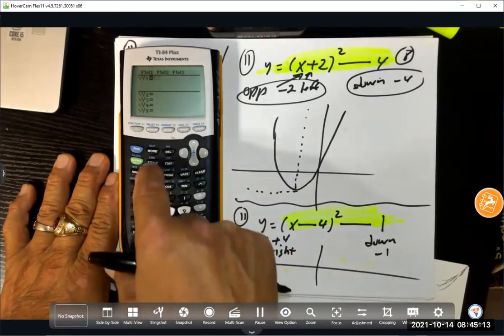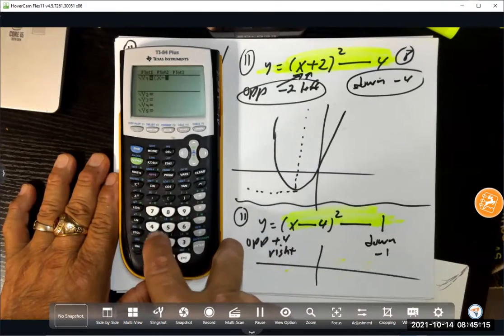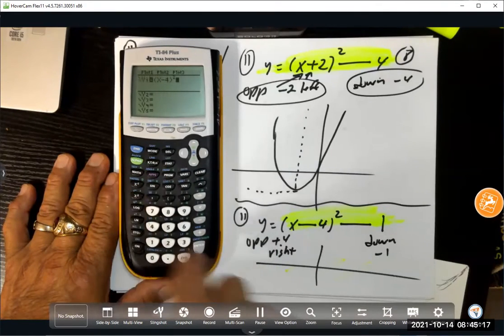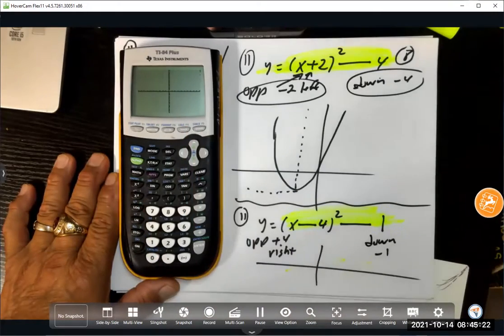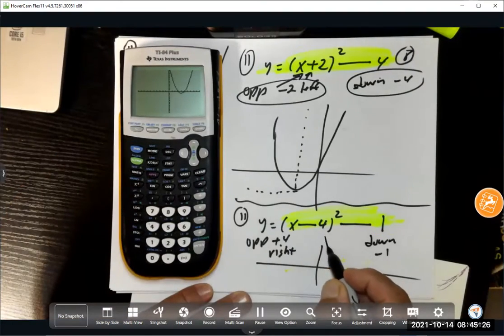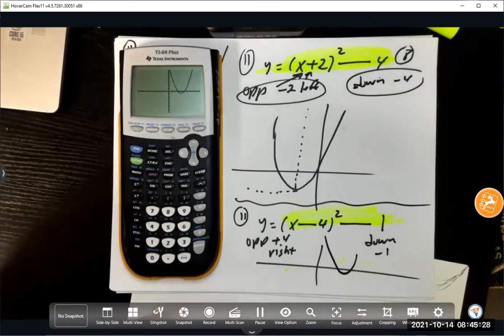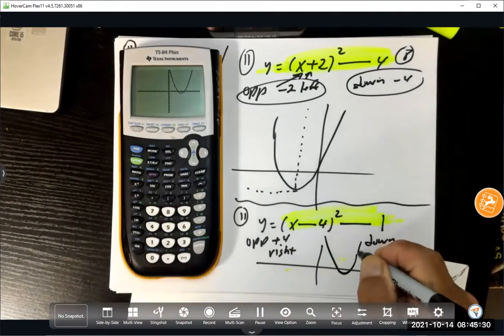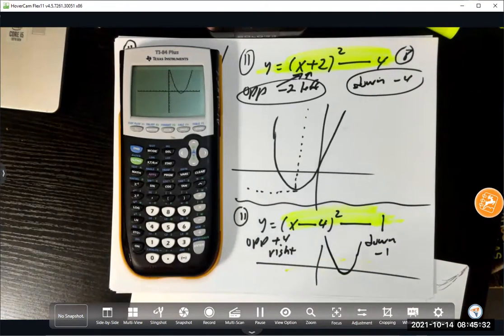Parentheses, x minus 4 squared, minus 1. Hit graph. Now it opens up. Yeah, it opens up and goes a little bit below here and goes back up. Y'all get something like this? Yes. So it goes right 4, 1, 2, 3, 4, like this, and then down 1 space.